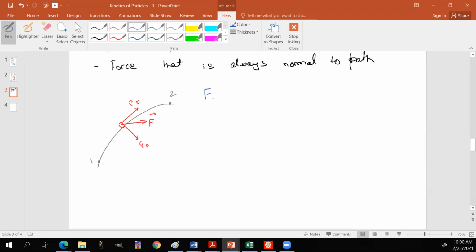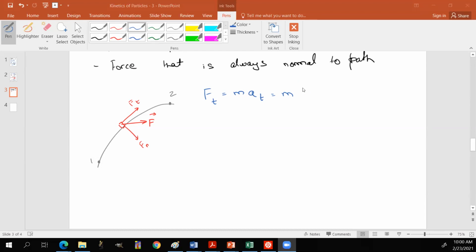If you look at this tangential force, what is that going to equal from Newton's second law? That's just the mass times the acceleration in the tangential direction, right? And we know that this acceleration in the tangential direction is equal to what in terms of the velocity? Oh, like the derivative.